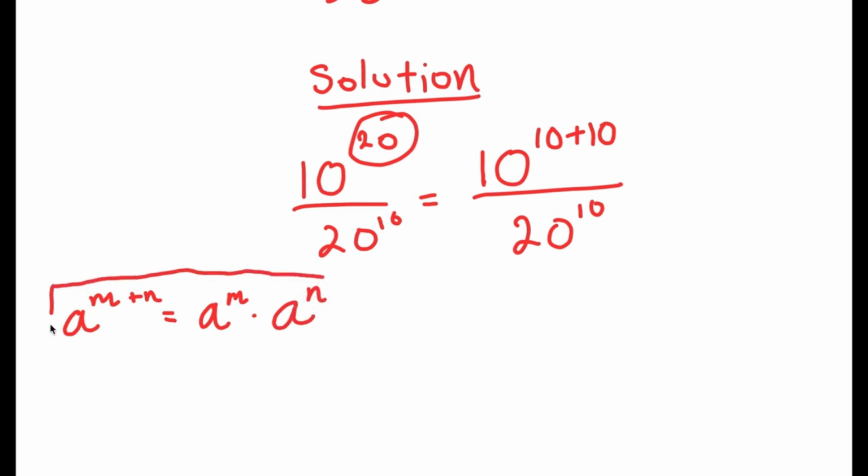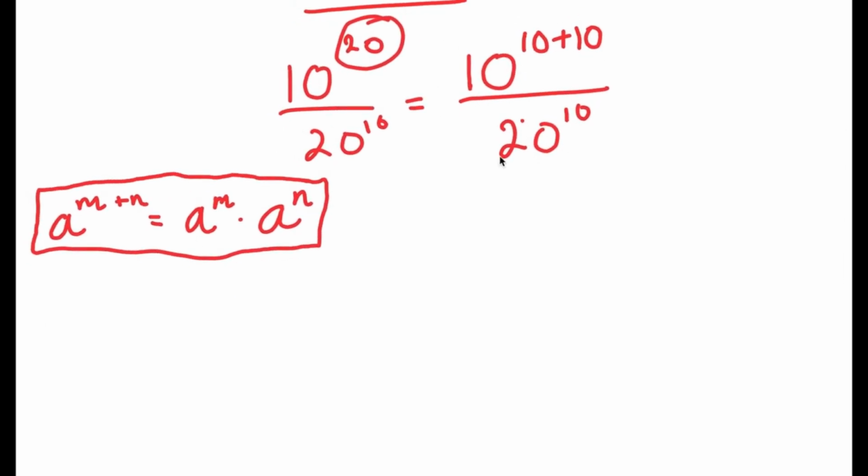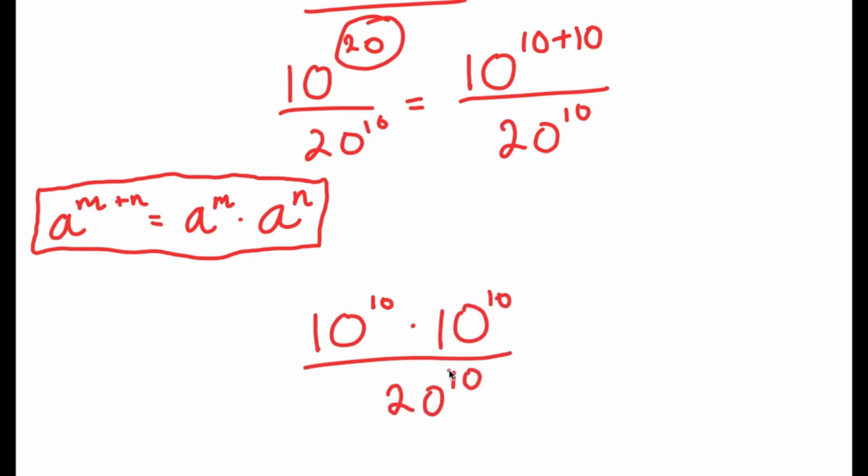So this is an important property of exponents, and I'm going to use this on 10^(10+10). We can think of both 10s as m and n, so this turns into 10^10 times 10^10 all over 20^10.